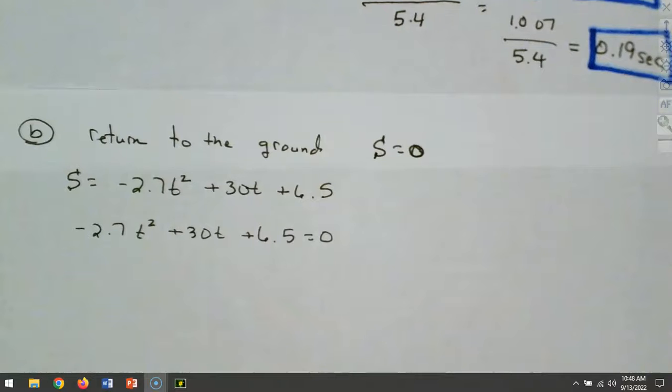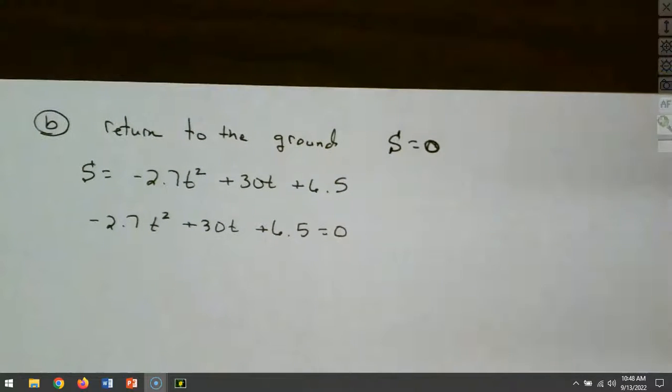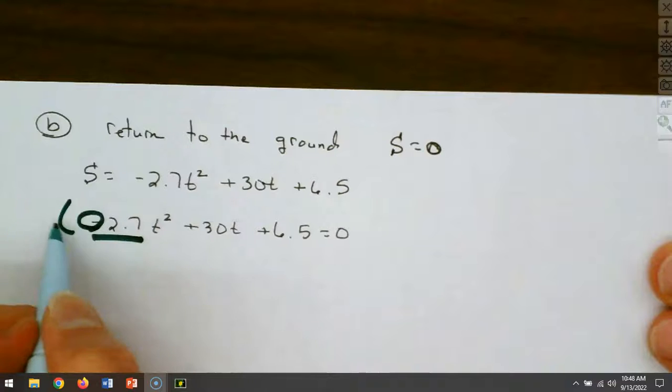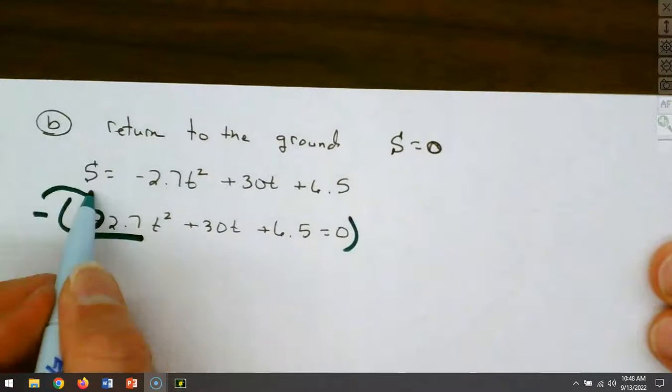A little bit easier to solve, a little bit quicker because it's 0. So one less step. We never want to begin with a negative, so we've got to divide by or multiply by a negative here because it begins with a negative. So just do a multiplication, distribute it through again.